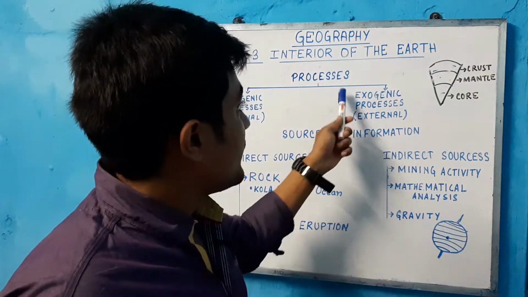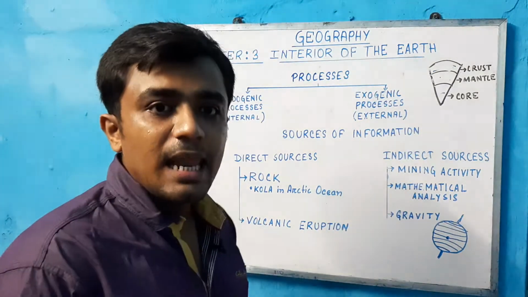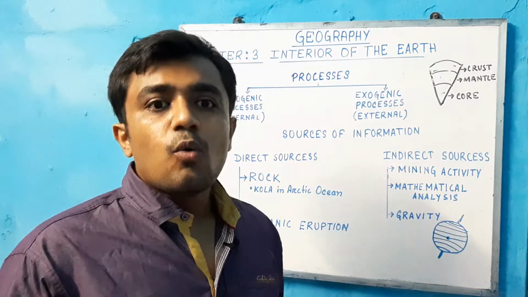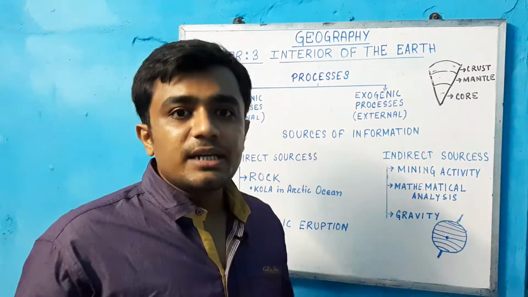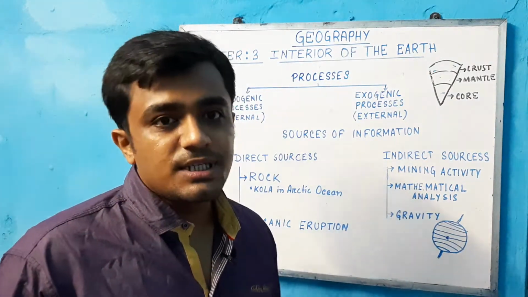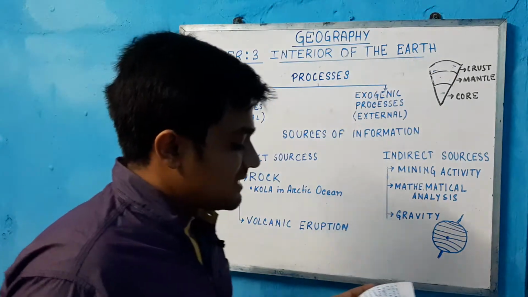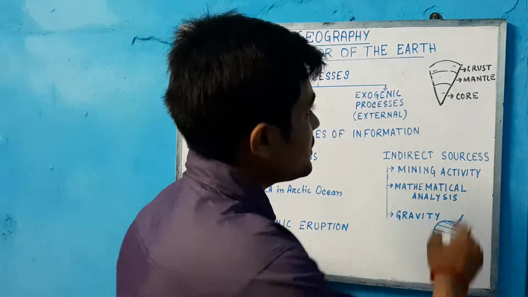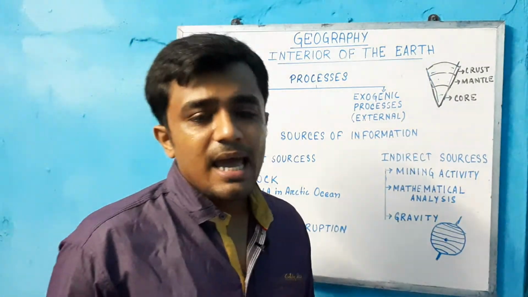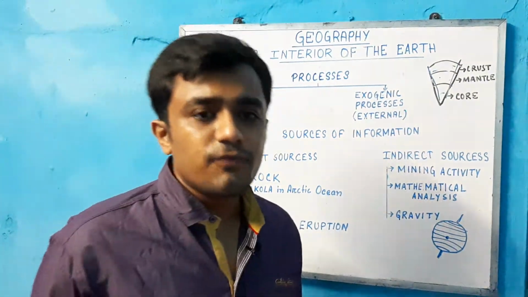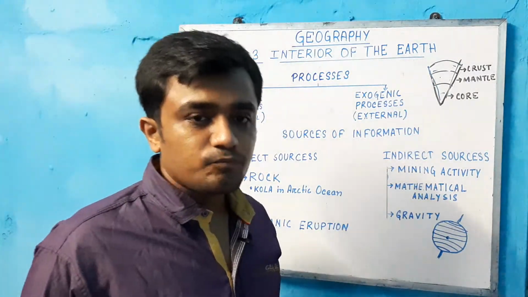Similarly, exogenic processes mean some external processes like wind activity, water activity, glacier activity and some weathering, denudation, mass wasting, like those. And now our earth scientists research on these three layers and the interior of the earth and give us various information about the interior of the earth.